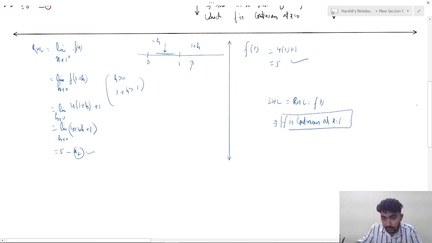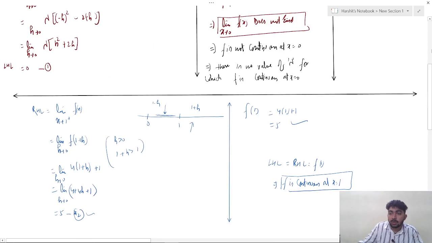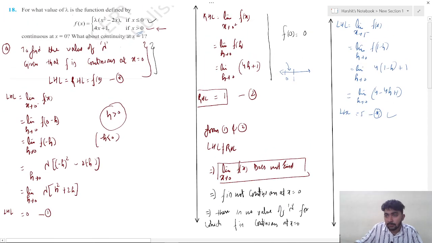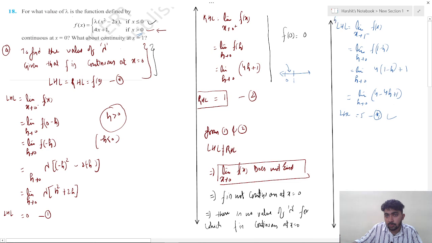At x equal to 1 we are checking. I hope you understand each step. So this is your B part in this question, and this is our A part here.